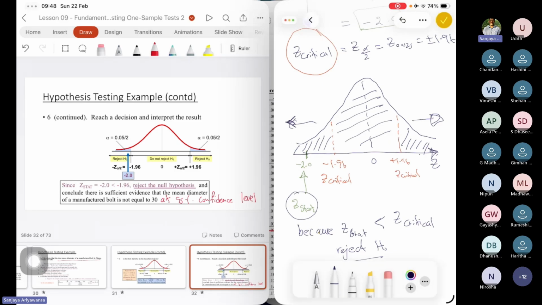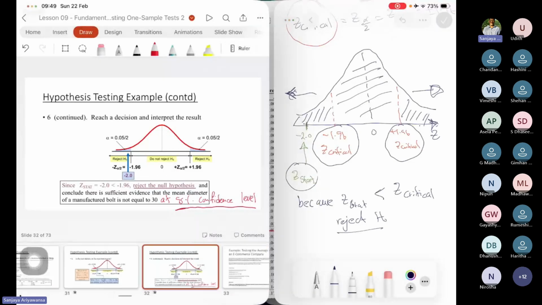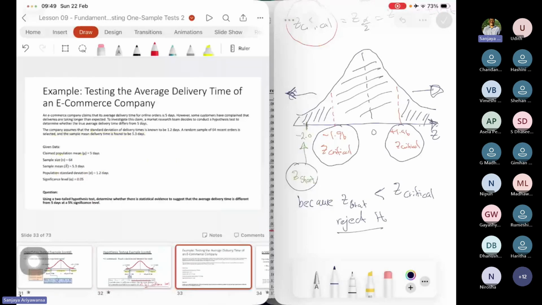So, depending on your confidence level, you calculate your two critical values, the two threshold values, and those two threshold values can either go this way or that way, depending on what the confidence level that you're selecting. So it's very important to say that yes, you're rejecting the hypothesis, and you say there is sufficient evidence that this mean value of the bolt is not equal to 30. But you must not forget to include at which confidence level. So in this case, it's 95% confidence level.